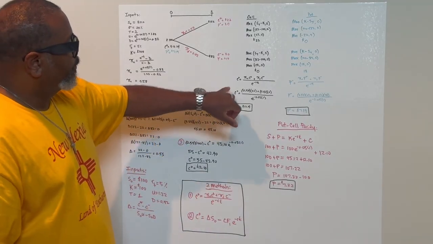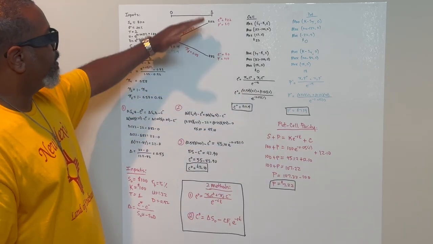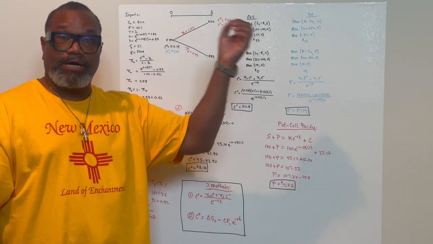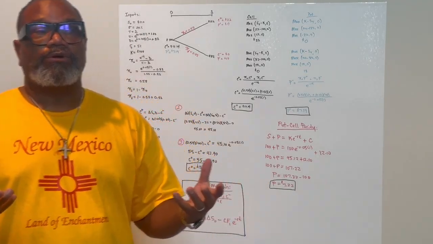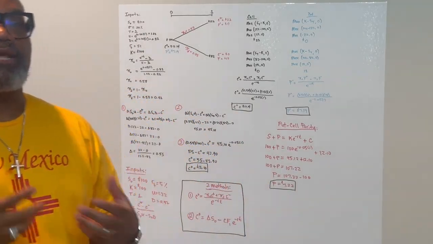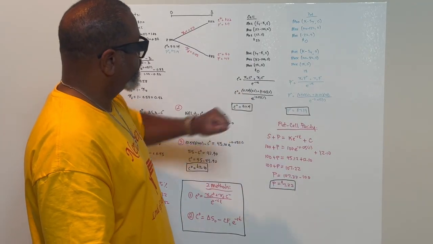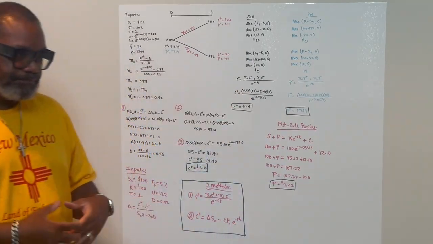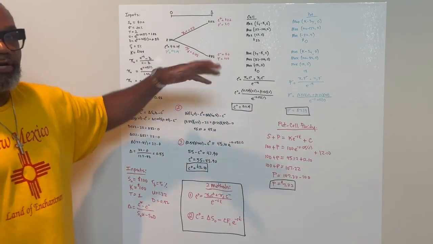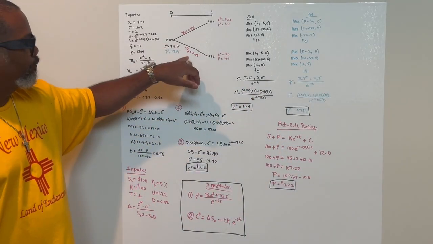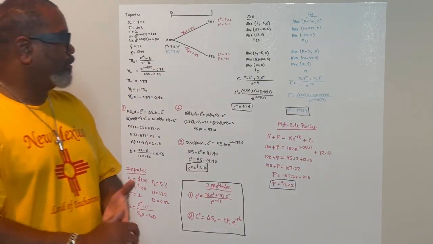So here we take 58%, 0.58, which is the probability that we're going to end up in the up state, and we multiply that times the payoff that the call will provide if we end up in the up state, which is $22, and we add to that the product of the probability of being in the down state, which is 42%, times the payoff in the down state, which is 0.